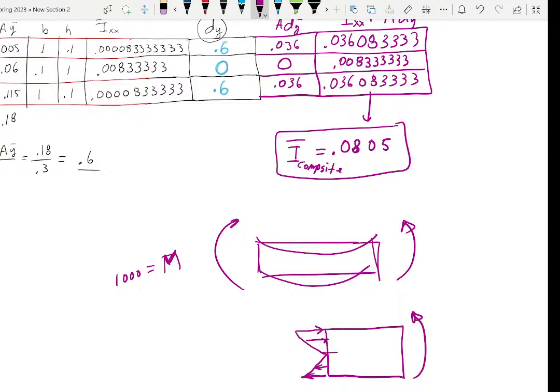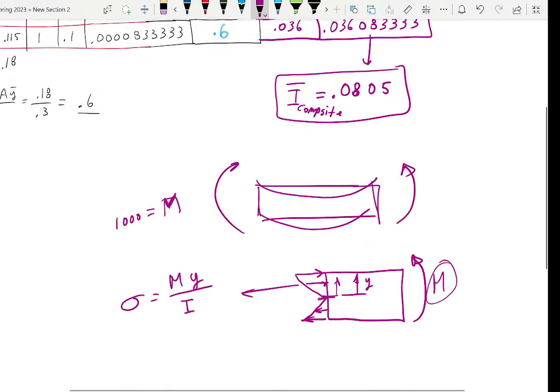If you took what's called the neutral axis and ran up and down and integrated that, you would find that would offset that moment. So what is this stress? Sigma is equal to M y over I, or sometimes you'll see M c over I, where that I in this particular case is 0.0805, and say your moment's 1,000.